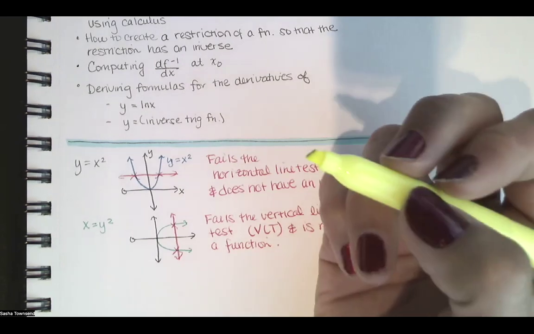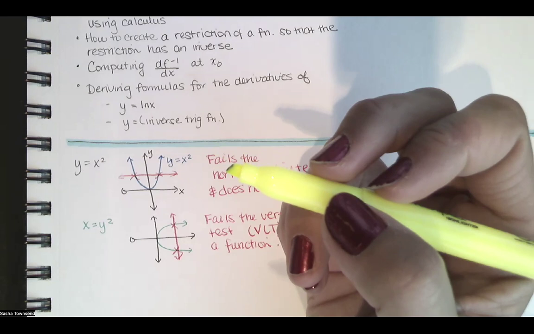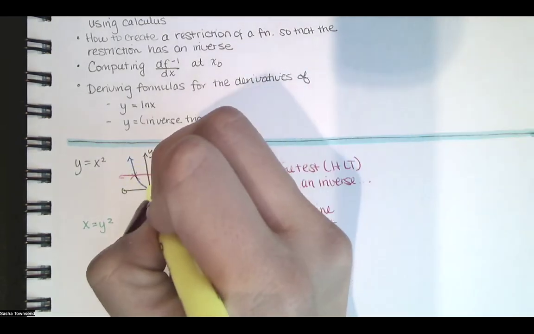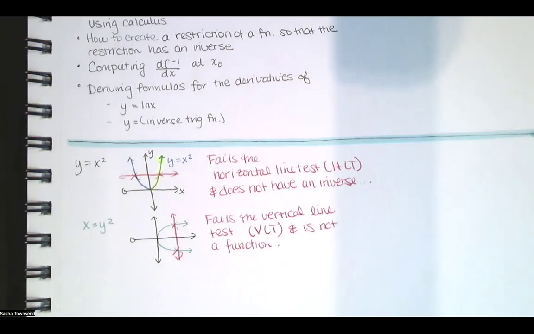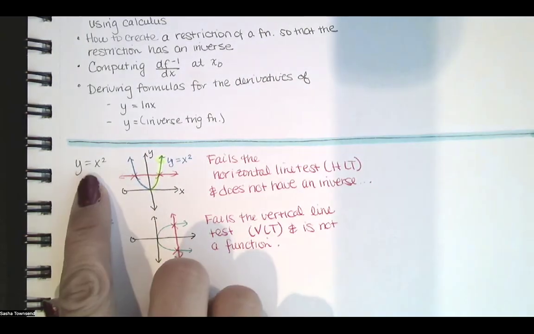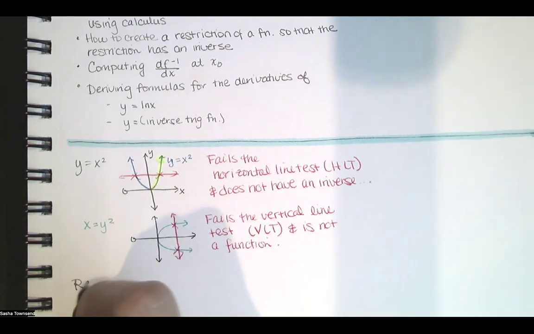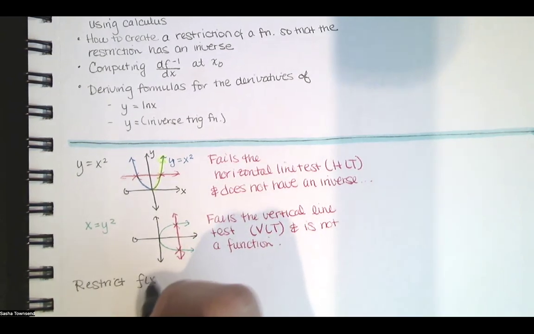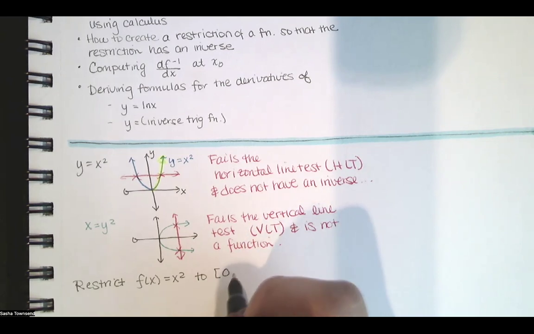The conventional choice, mathematical convention, is to look at this restriction from 0 to infinity. So we'll restrict this function y equals x squared, and I'll call it f of x equals x squared now, to the interval from 0 to infinity.